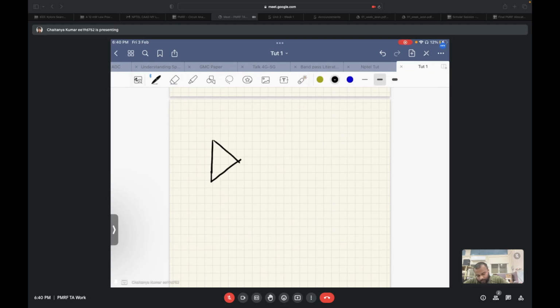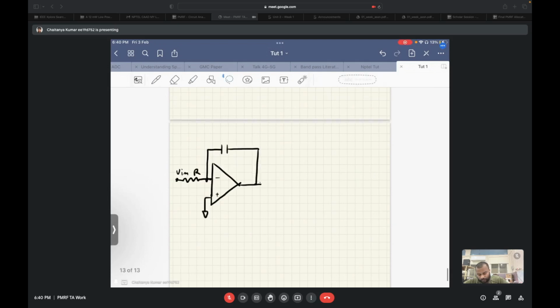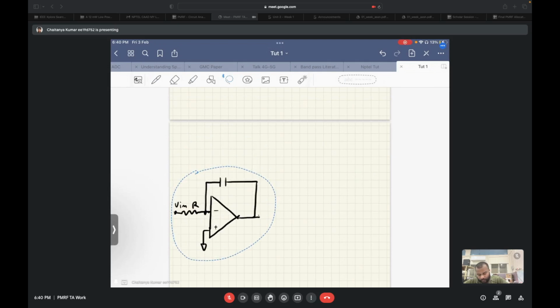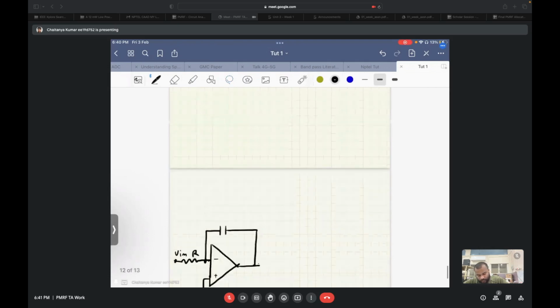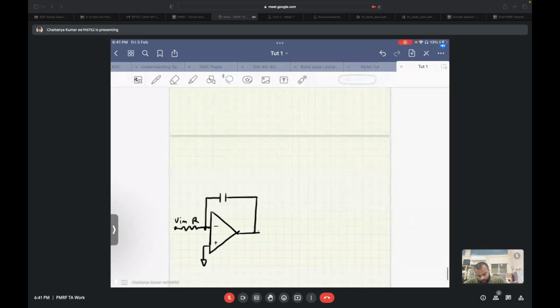So we have two op amps, V in over here, let's call this R.